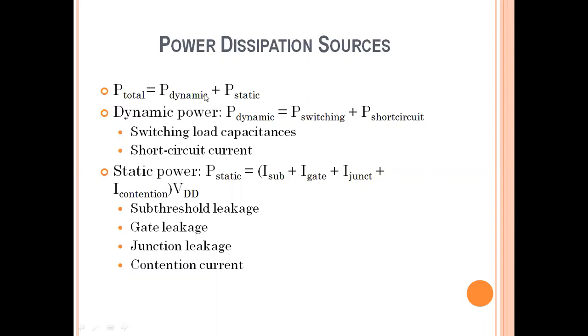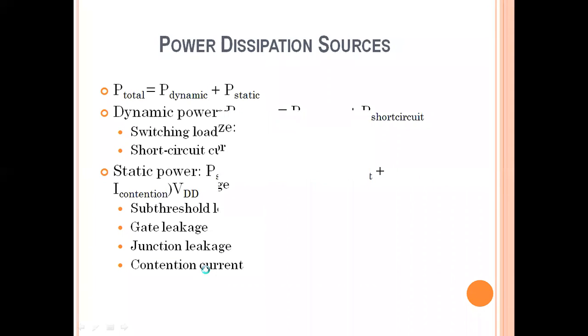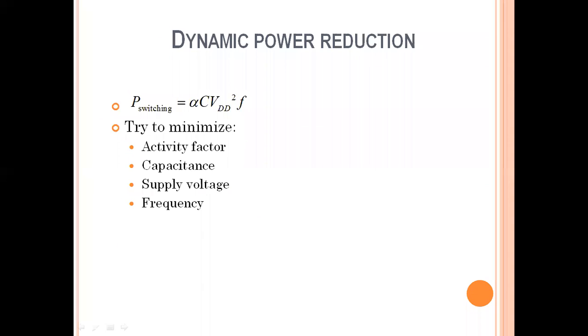In dynamic power dissipation, we consider the two power dissipations through switching and short circuit. In static, we consider subthreshold leakage, gate leakage, junction leakage, and contention current. Power should be low, and we can minimize the power dissipation by following these factors: the activity factor, capacitance, supply voltage, and frequency.